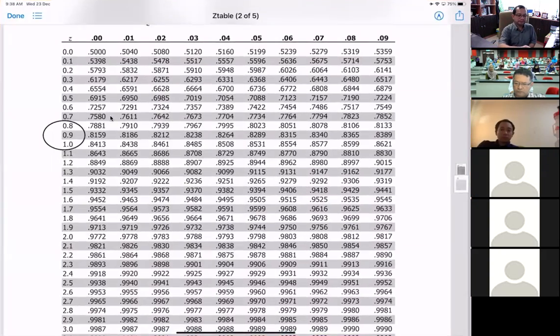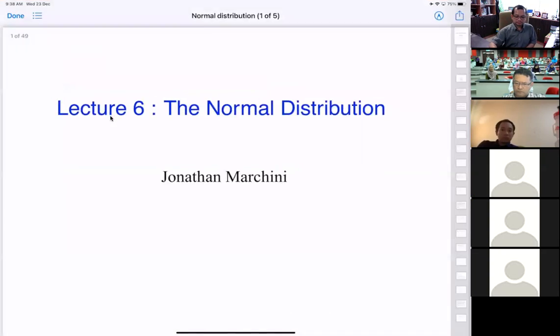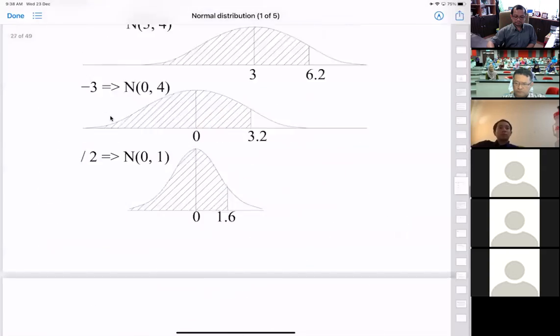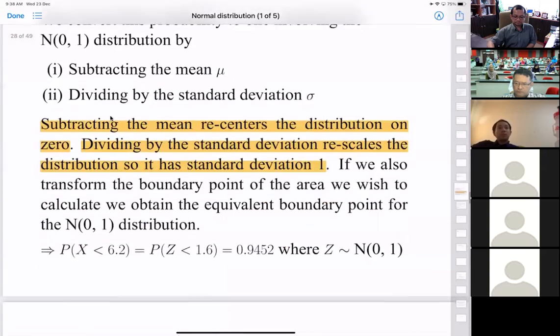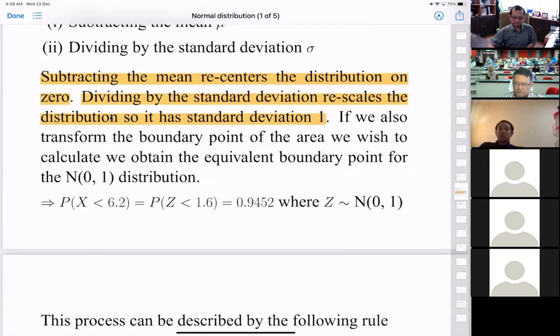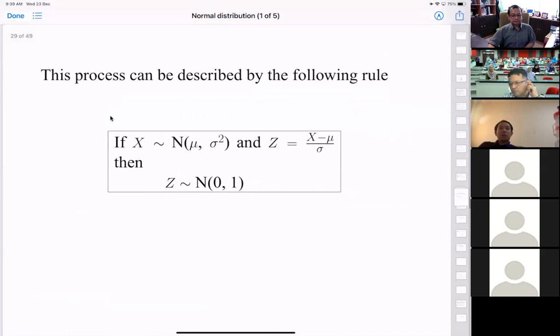If we compare that answer, 0.9452, the answer is correct. And this is the step to do the standardization. Sigma is standard deviation. So we zeroize the mean like we did just now.